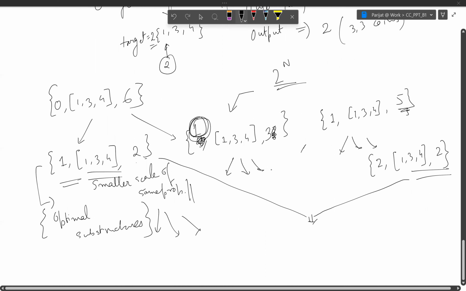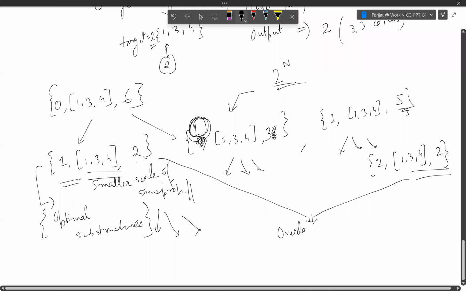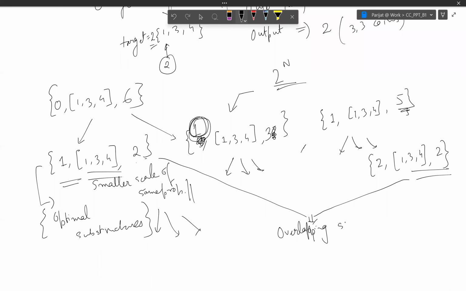And they are all the same, right? These issues are smaller substructures which are the same. So they are known as overlapping subproblems. Okay, so you solve the problem here, you solve the problem here, it is the same thing.